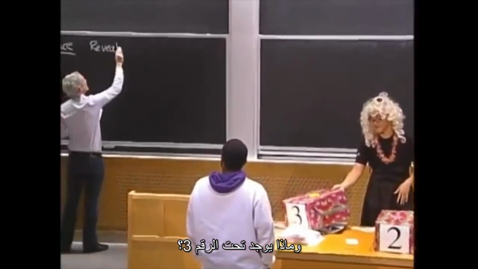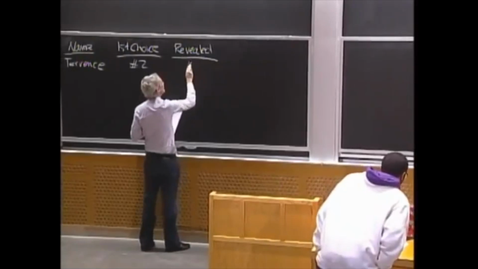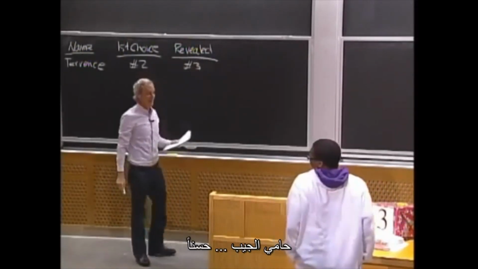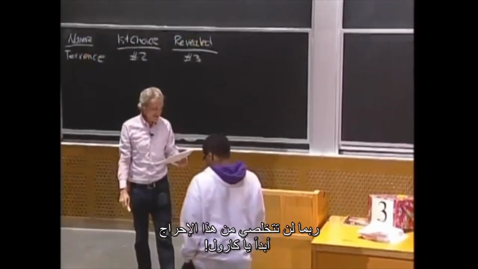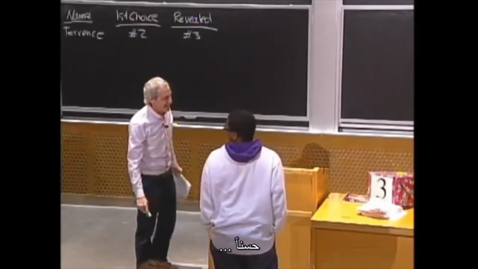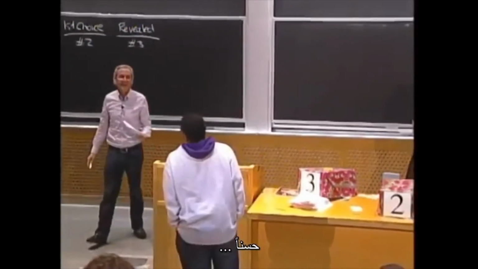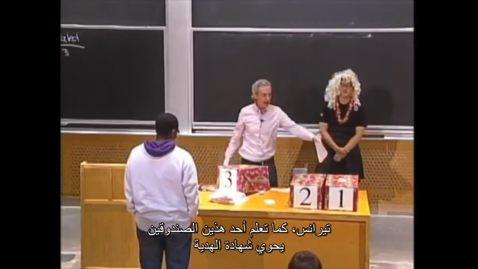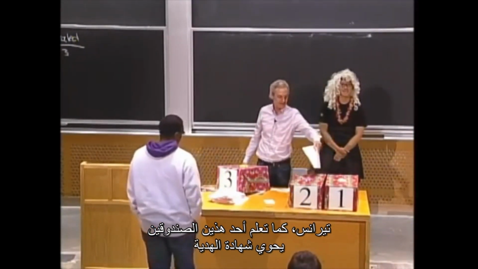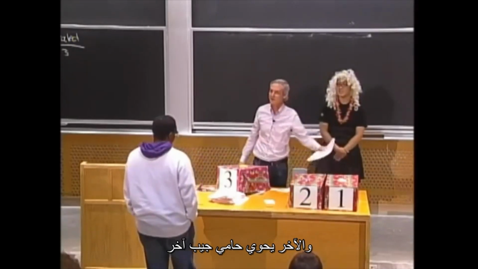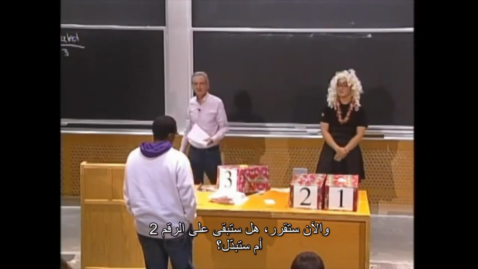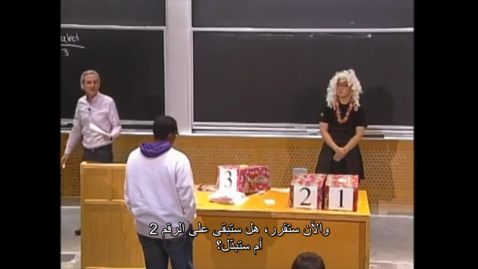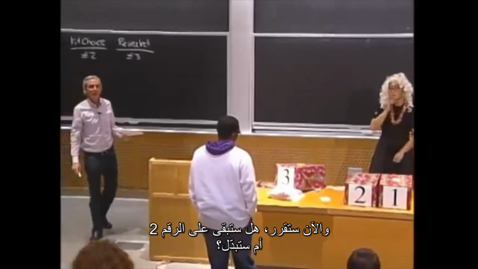And what was under number 3? Pocket protector. You may never live this down, Carol. Okay. Now, Terrence, as you know, one of these has the gift certificate. One of them has another pocket protector. And now you got to decide, are you going to stick with number 2 or are you going to switch?